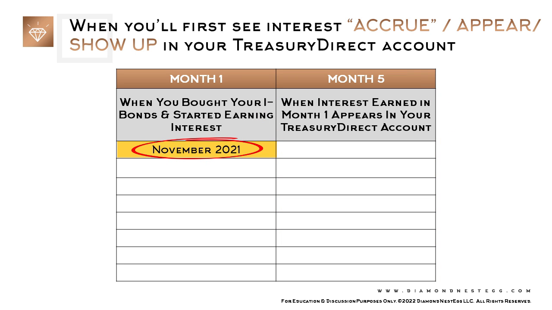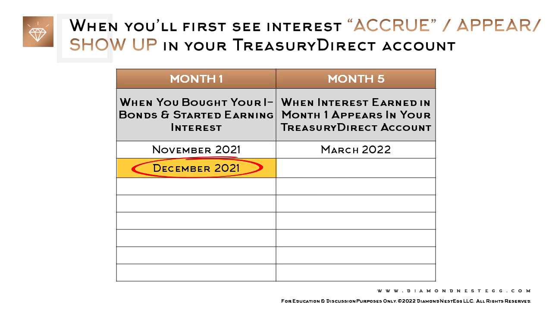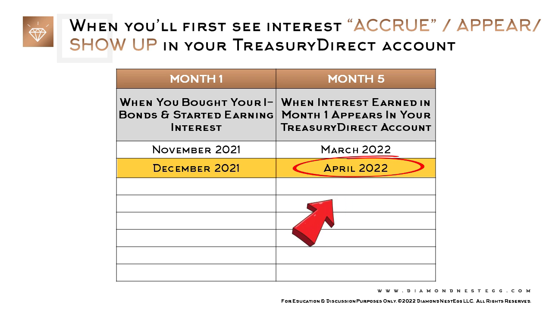So if you bought your I-bonds anytime in November 2021, you would have seen your November 2021 interest, the interest earned in month 1, appear in your Treasury Direct account in March 2022 only. If you bought your I-bonds anytime in December 2021, you would have seen this December 2021 interest, the interest earned in month 1, appear in your Treasury Direct account in April 2022 only.